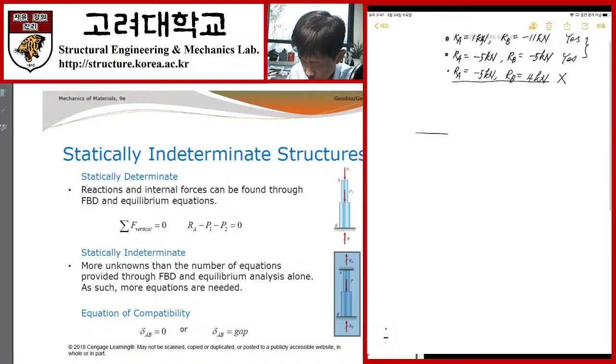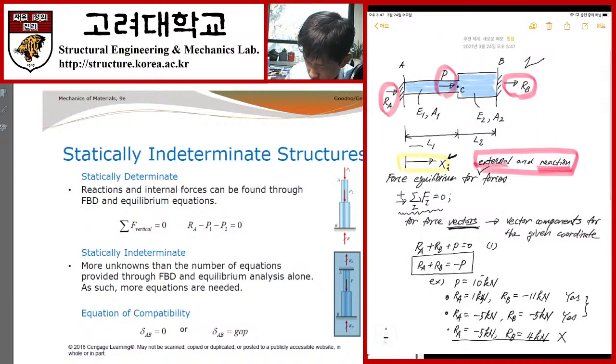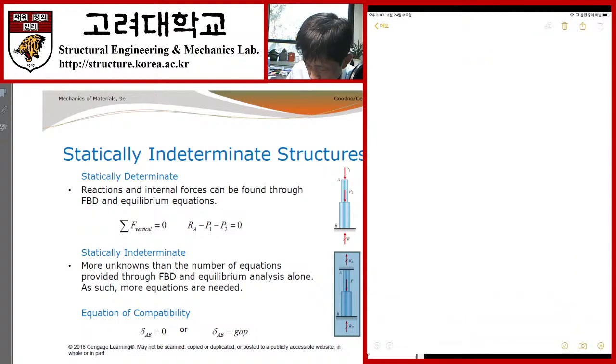So let's use a new page. Here I have RA, and obviously it's a support here, and also I have a support and then reaction RB, and then I have P here.